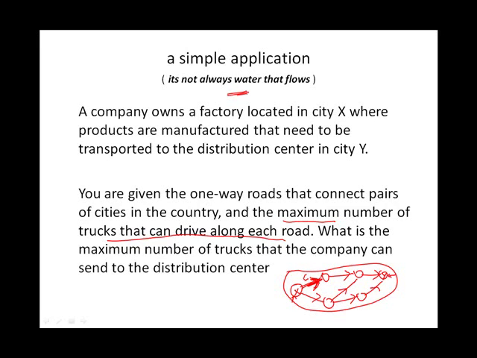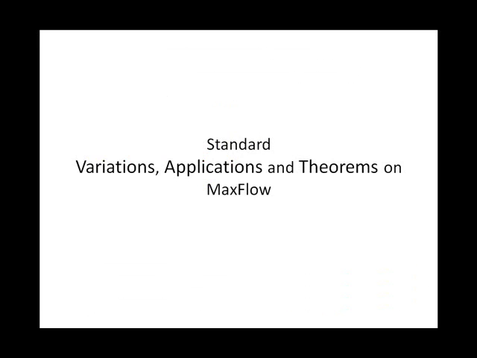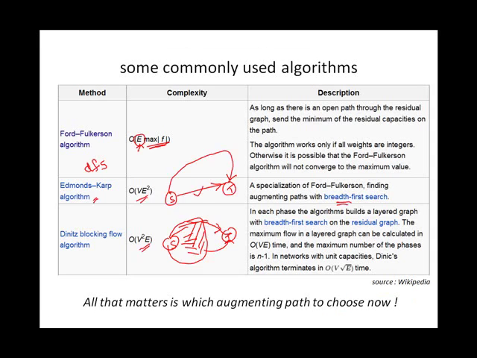The max flow along this network is nothing but the maximum number of trucks you can send from X to Y. So that is the MaxFlow problem. We did not go into much detail on each of these algorithms, but we have given an overall idea of what each of them basically does.